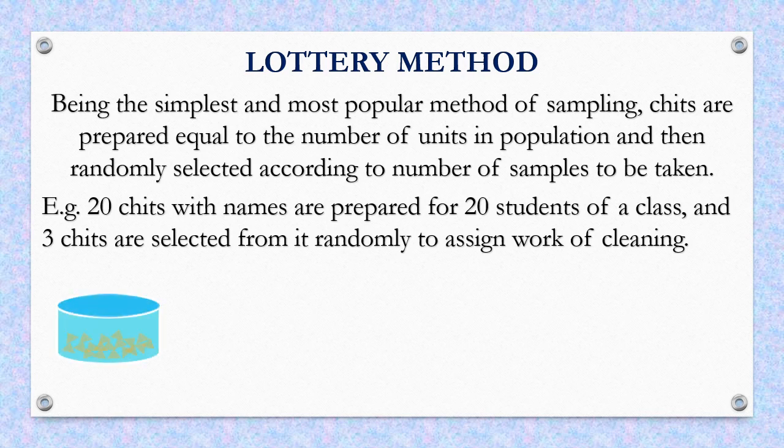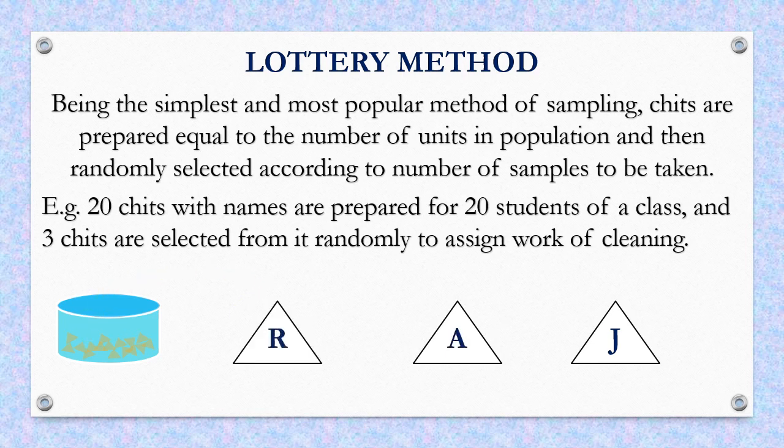If I want to present it in a diagram, this is that box containing 20 chits. I am selecting one chit at random, which gives J, A, R. So these are the initials of the 3 students whom I am going to give the work of cleaning.